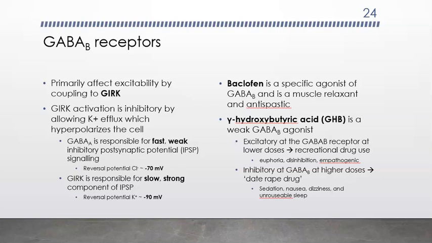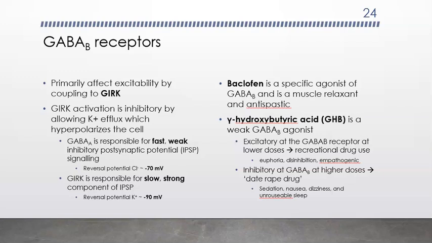Okay. So the GABA-A receptor is responsible for very fast inhibitory postsynaptic potentials. However, they're also weaker. Whereas GIRK is responsible for slow but strong IPSPs. Okay, so the reversal potential of the chloride ion keeps the resting membrane potential at about -70.